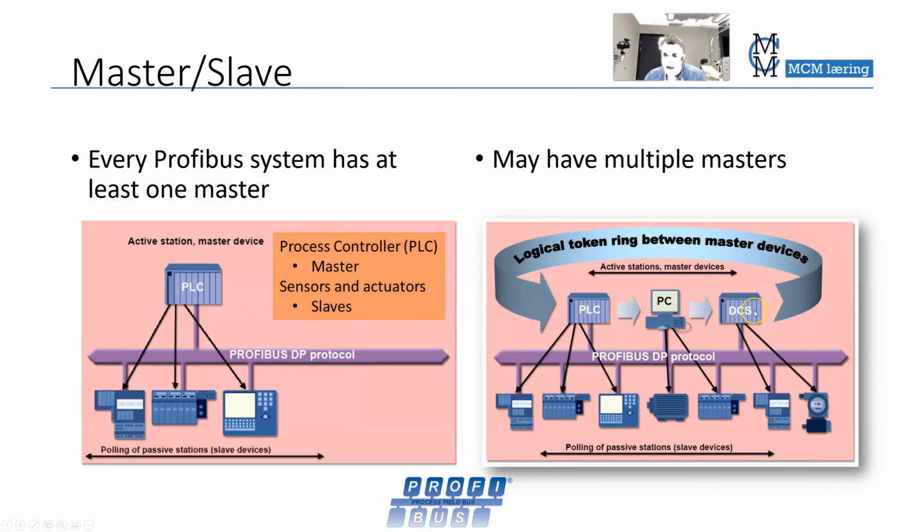Now, only the master that holds the token, that holds the relay stick, is able to communicate with slaves. In that manner, you still have reliable, safe communication without chaos on the network.